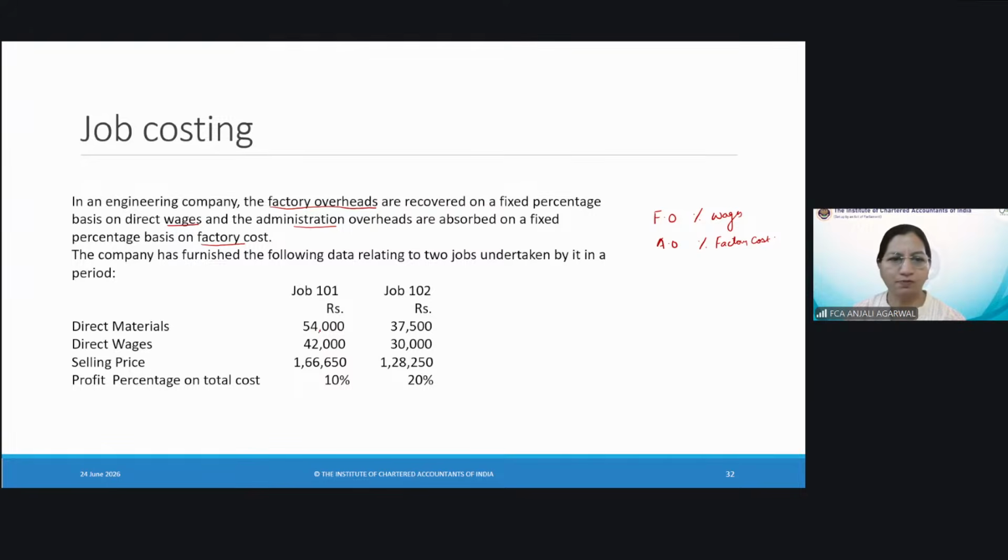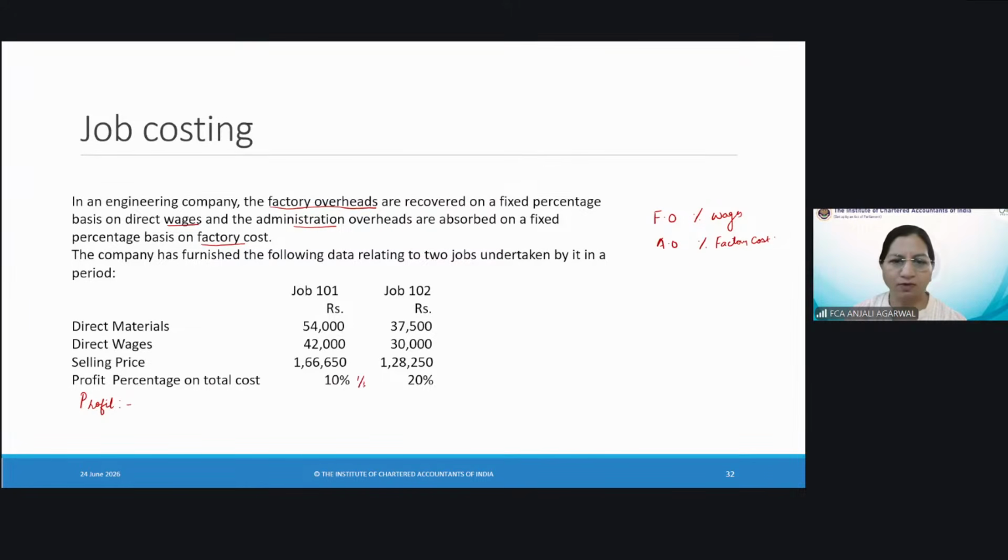For both the jobs, direct materials are given, direct wages are given, the selling price of both the jobs is given, and profit is given as a percentage of total cost. So first we need to find out the profit here. Like I have told you, the easiest method here would be 10% on cost.